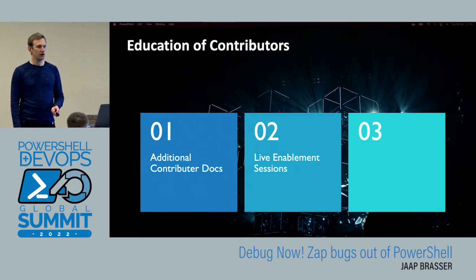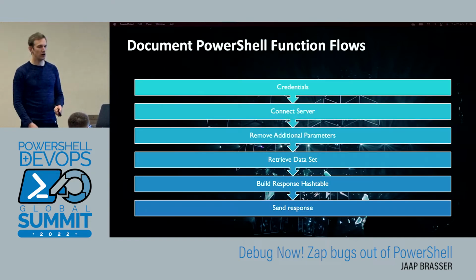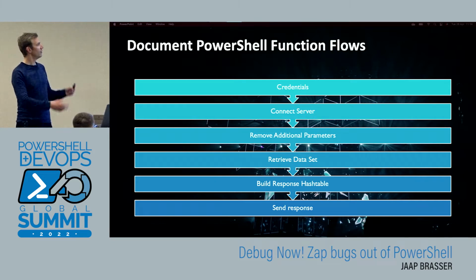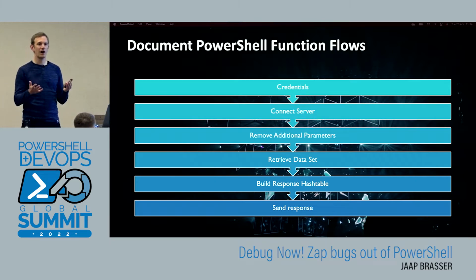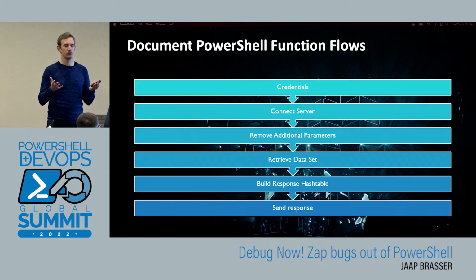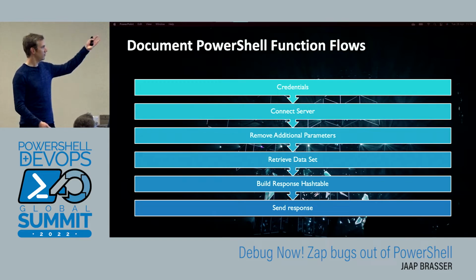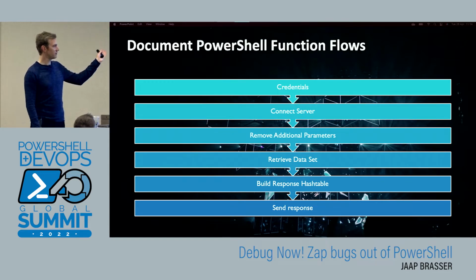In order to describe the flows better, we made specific documentation in which we discussed how the code will flow through the function. This was a simple function. It didn't have any branching. You get the credentials, you connect.